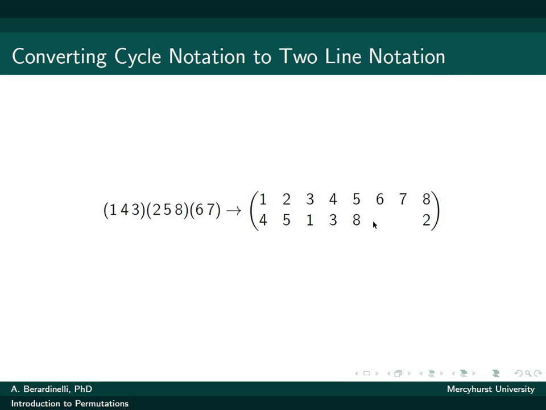And then our last 2 spots to fill in, 6 goes to 7, so the 7 should go below the 6. And 7 is at the end of the cycle, so it goes back to the beginning at 6. So this is our 2-line notation for the same permutation which was given in cycle notation originally.